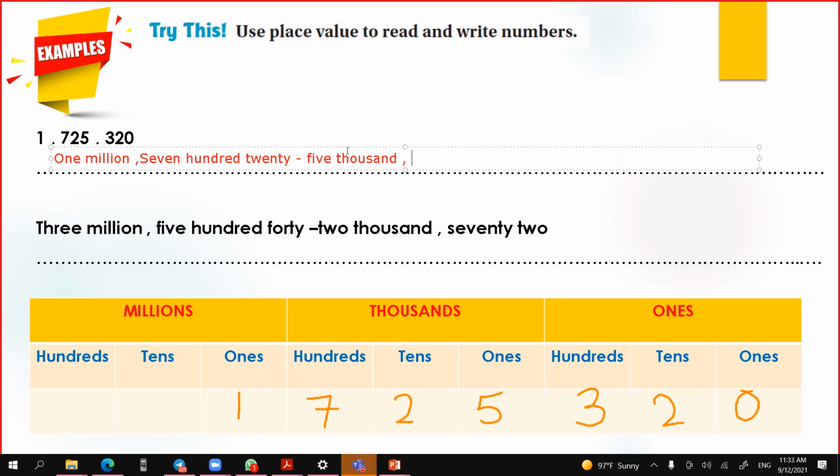Comma. Bravo. 300. That's it. This is a standard form, and I wrote it now in word form. Got it?